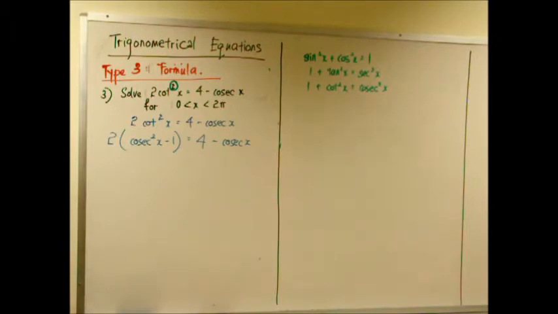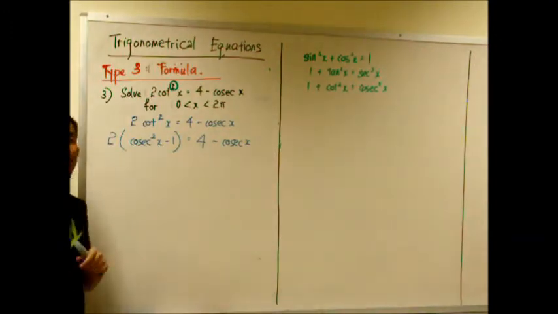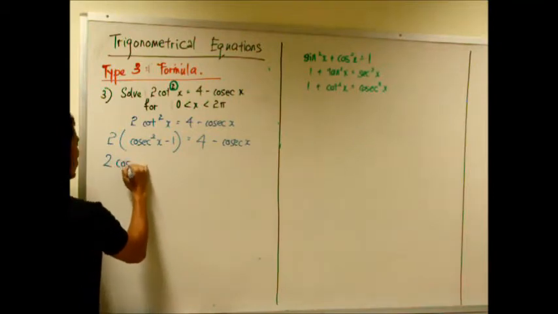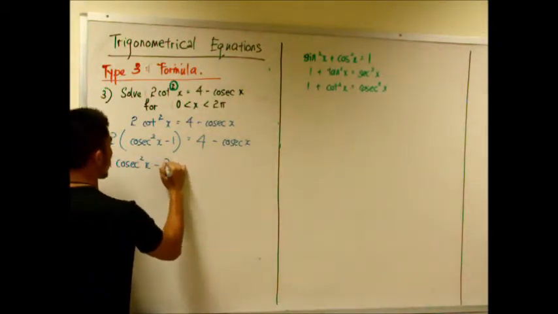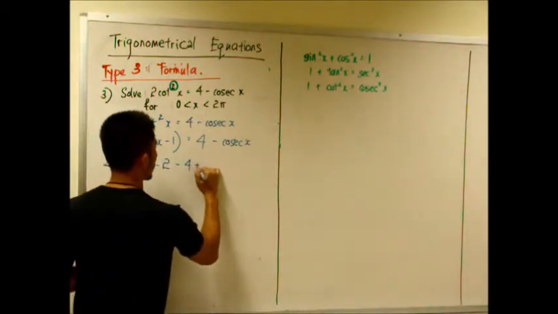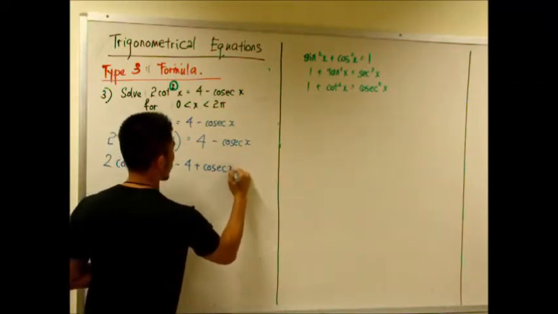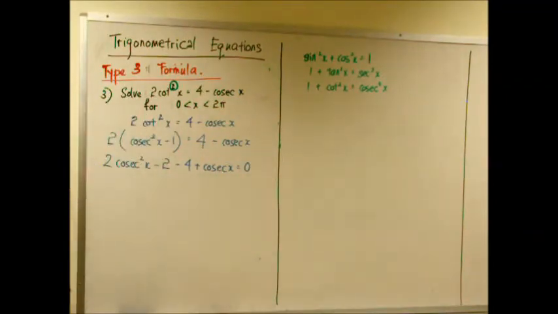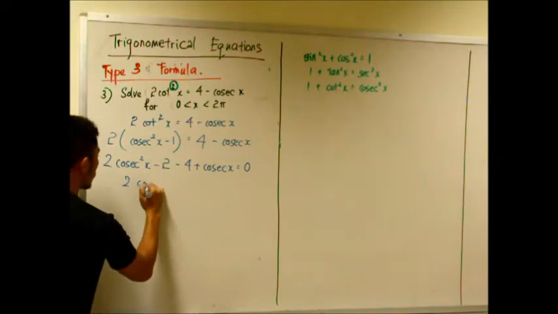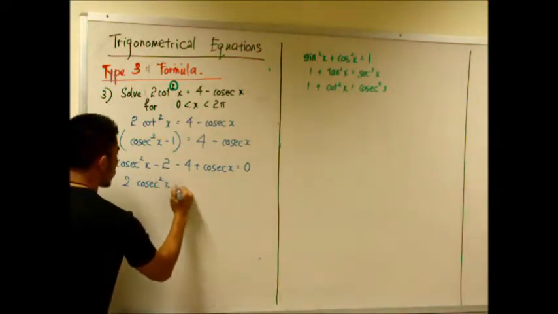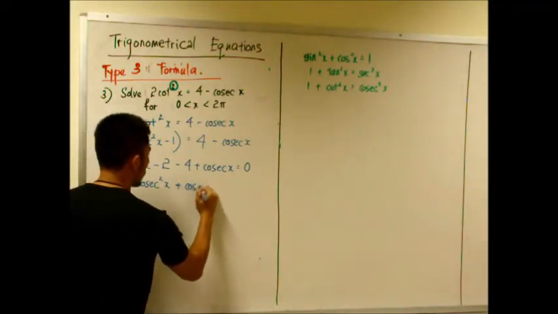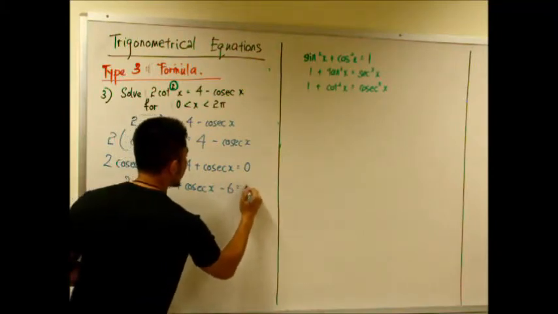After that, your job is very simple. Simplify everything and equate the right hand side to be equal to 0. Very quickly, you can see this.